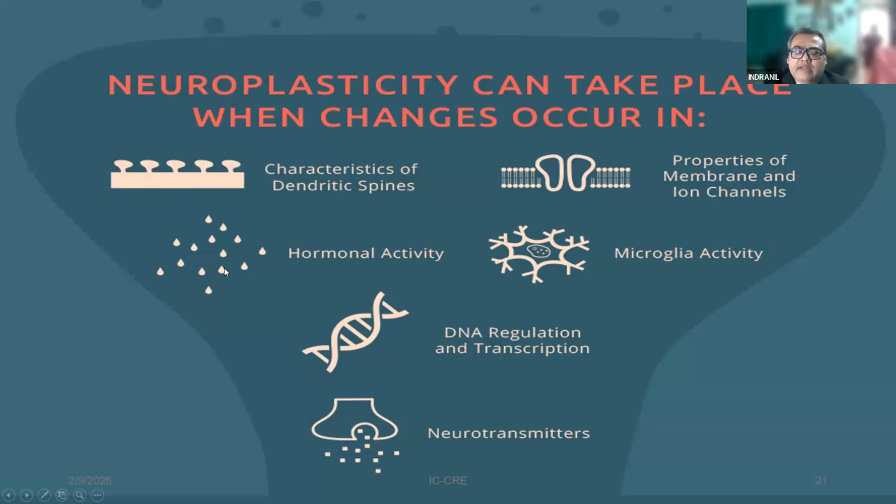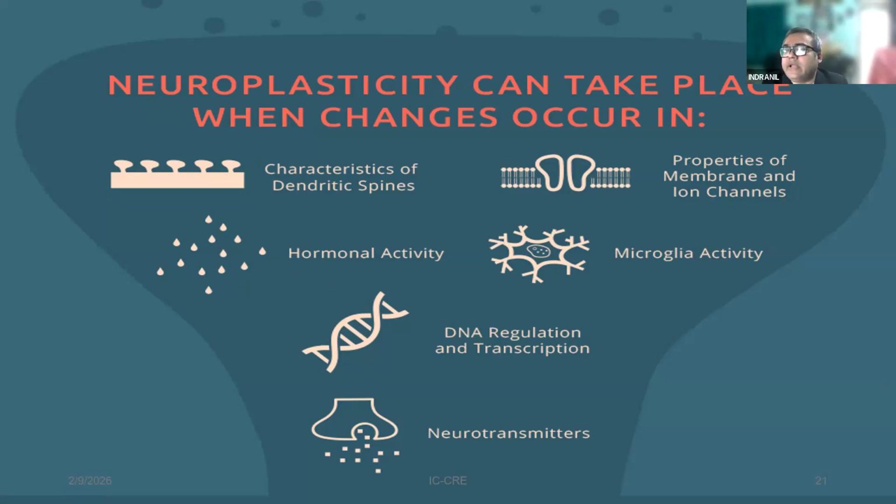Then the hormonal activity: a lot of glutamate, GABA, then monoamine oxidase inhibitors, then serotonin, the catecholamines, acetylcholine. So in all hormonal activities, there is some balancing with reference to DOPA and other things. Then microglial activities are very, very important. The DNA regulation system and transcription are very, very important, because sometimes the four bases like adenine, guanine, cytosine, uracil may be changed and make a double helical structure.